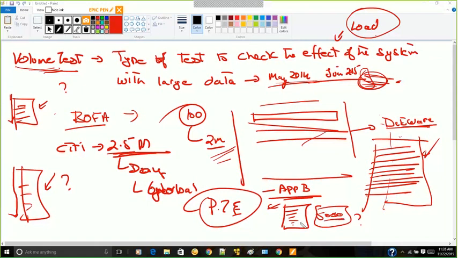But say you tested for 500, now you are testing for 10 times the load. If your application is responding, that means it might take another 2 years to reach that amount of data, but you know that your application can still perform the way it should.